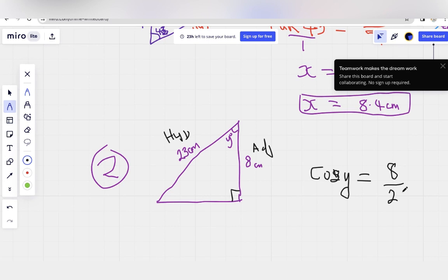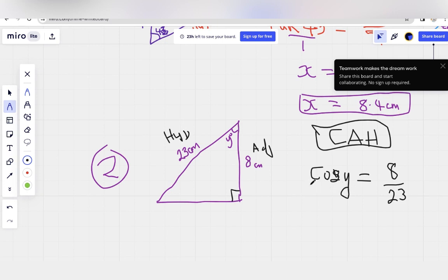So we're using cos. You know, cosine is adjacent over hypotenuse. This is the part we are using in the SOHCAHTOA, the CAH part of it, for this question. So the next thing is to find y, right? To find y, we have to take the cos inverse of both sides.